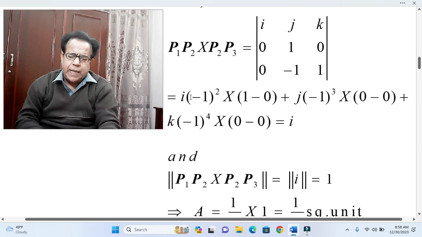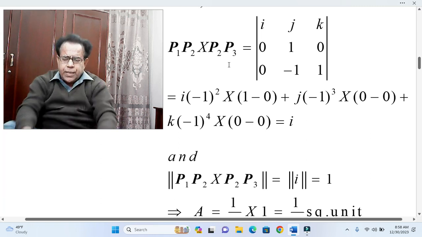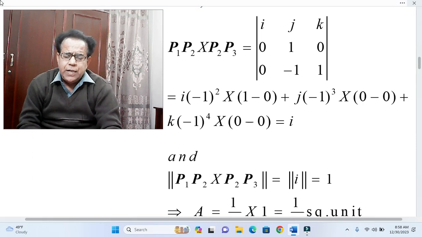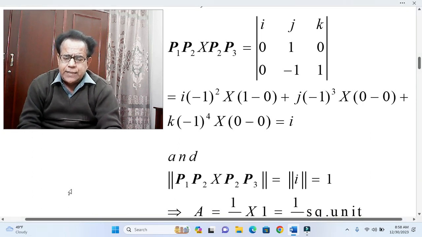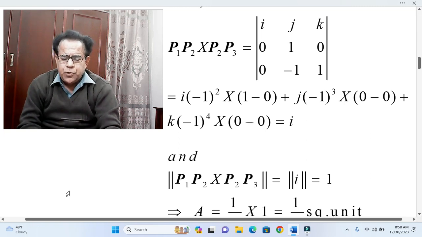When i is taken, the first row and first column are omitted, and we write i into minus 1 raised to the power 2, because for i the row and column numbers are both 1, so 1 plus 1 equals 2, into 1 minus 0, which is 1.